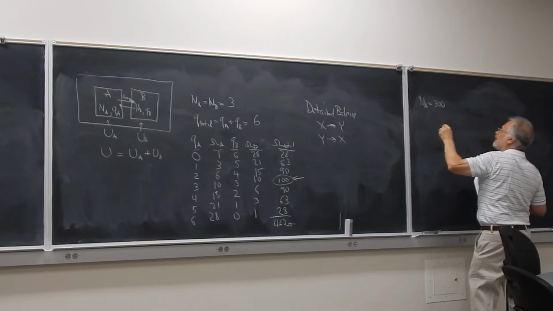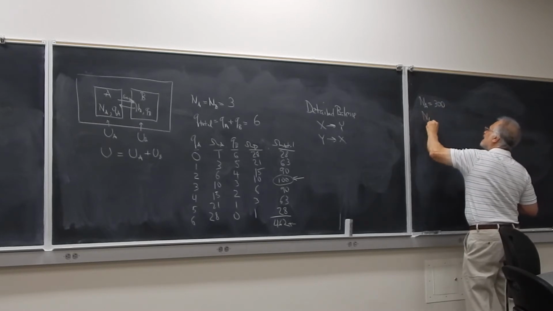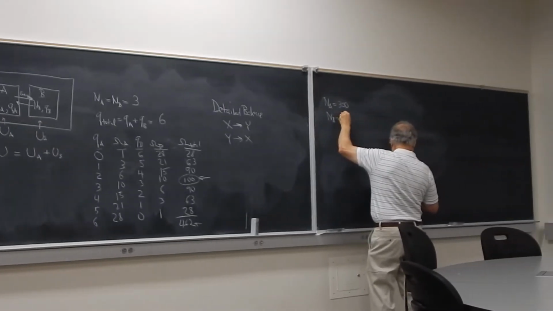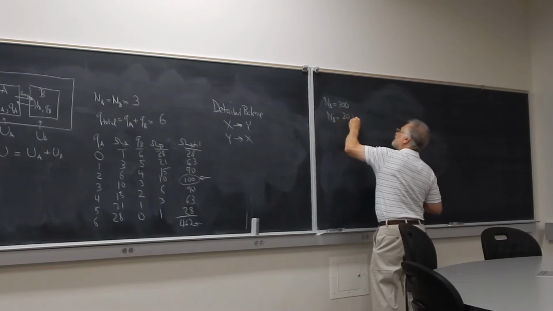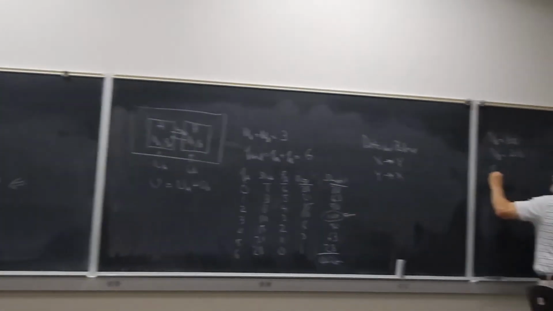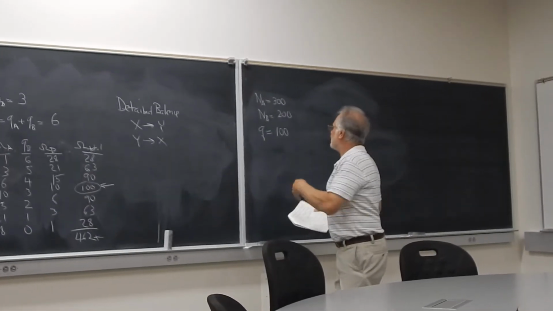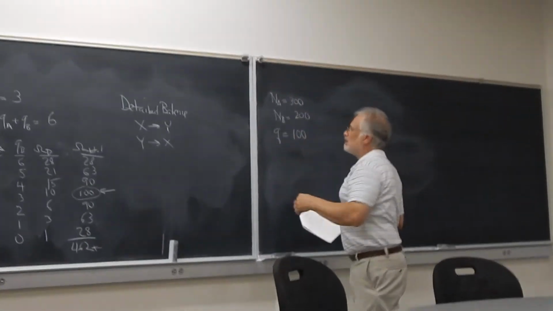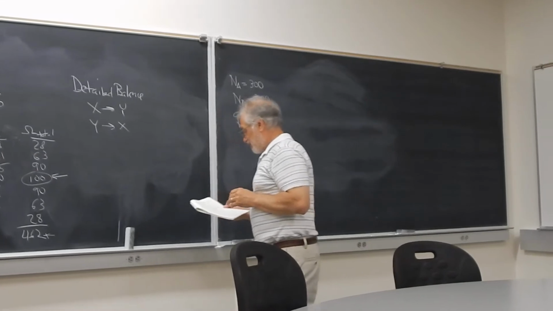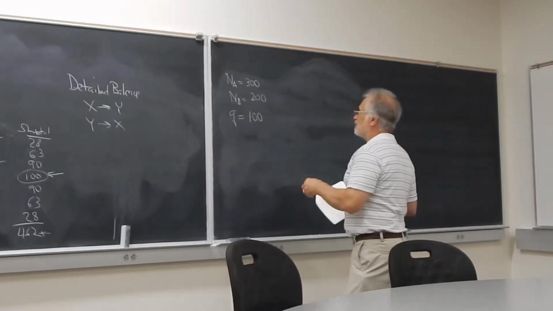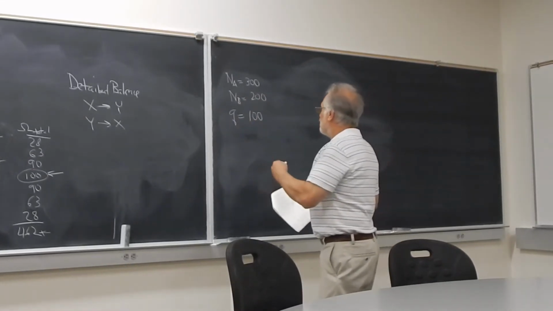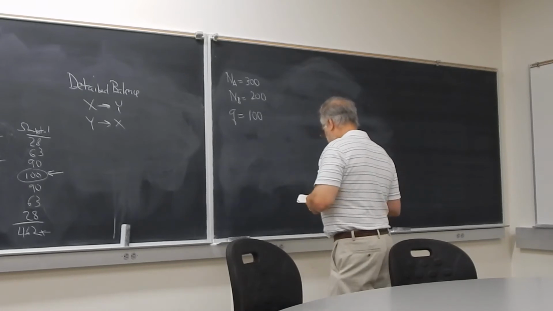Suppose I have 300 oscillators in system A, and I have 200 oscillators in system B, and I have 100 units of energy that I can exchange or share between those two systems. So this is a much larger number of configurations.